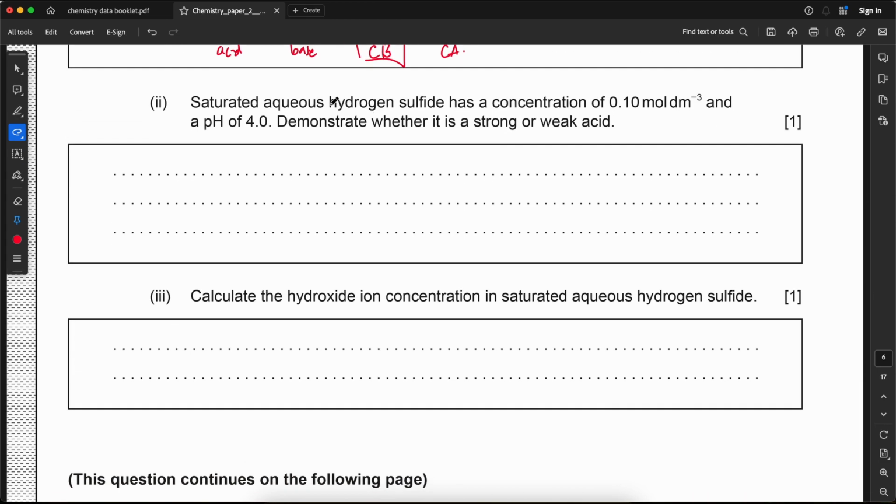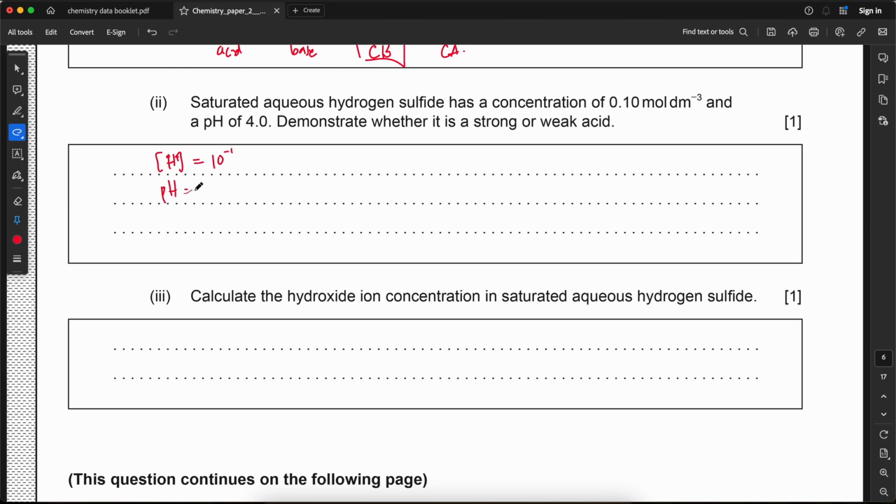Saturated aqueous hydrogen sulfide has a concentration of 0.10 molar and the pH is 4. Demonstrate whether it's a strong or weak acid. If we calculate the pH, the concentration of hydrogen sulfide is 10 to the power negative 1.